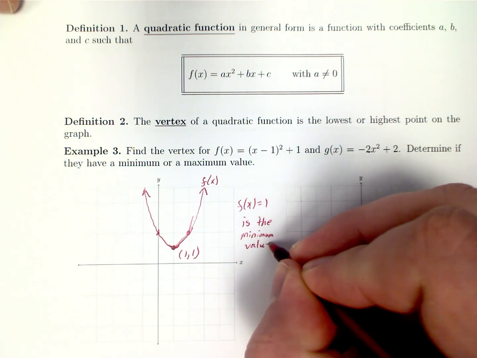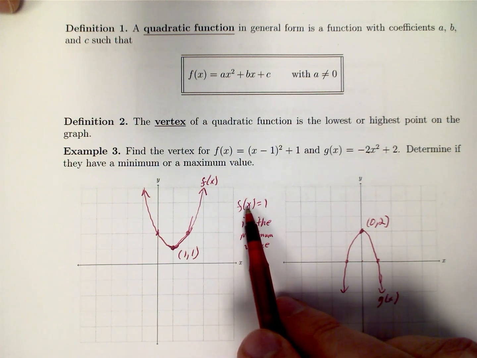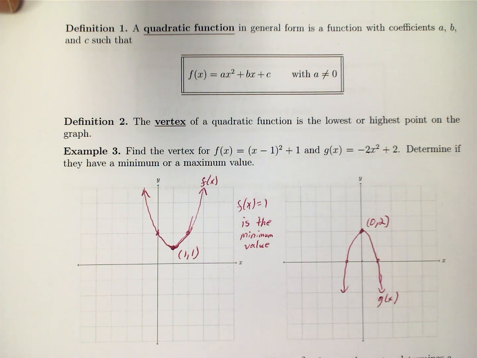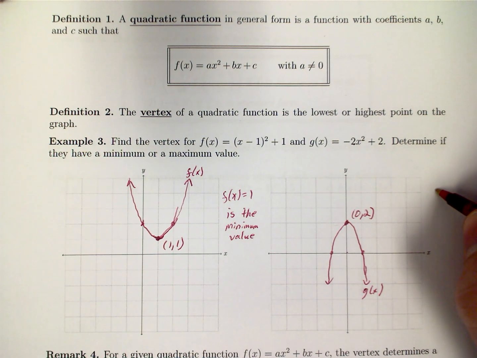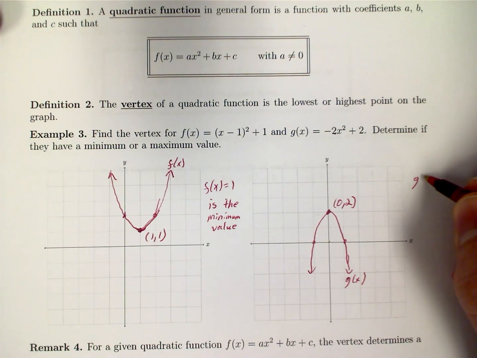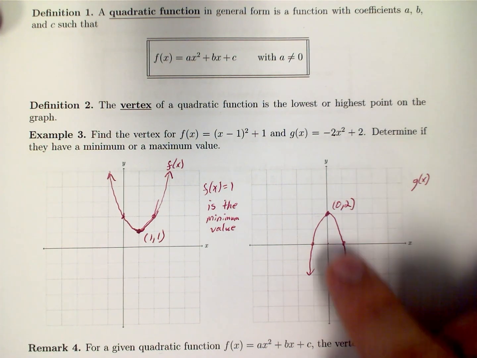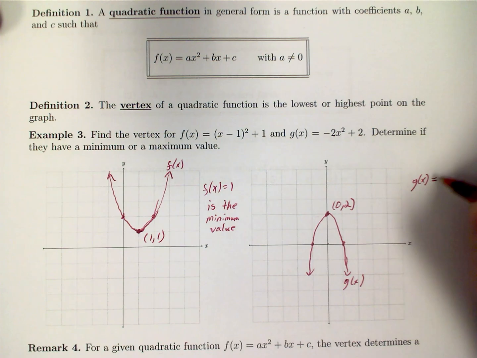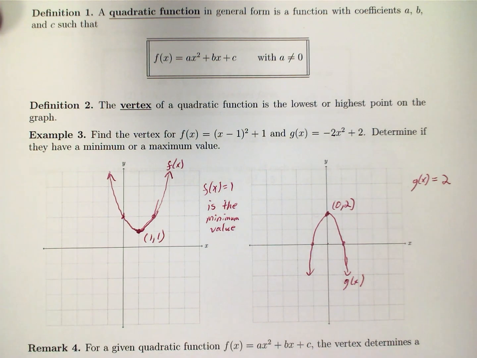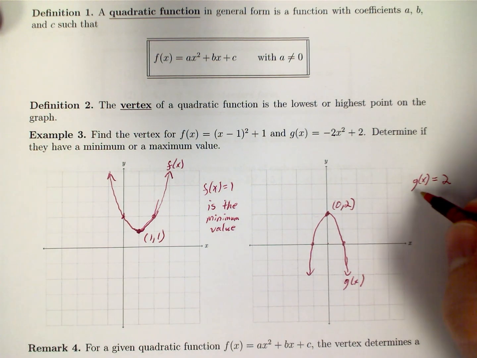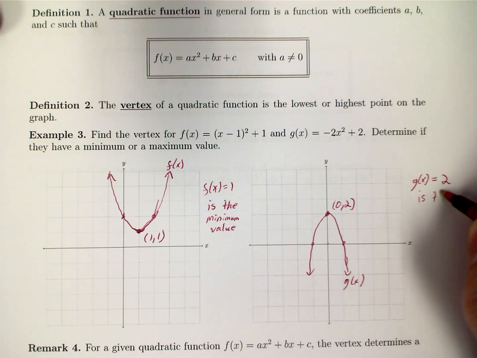It's the minimum value, and it takes an input of 1 to get out 1. Over here, g of x, the maximum value, the furthest point up, the largest output that it has is 2.